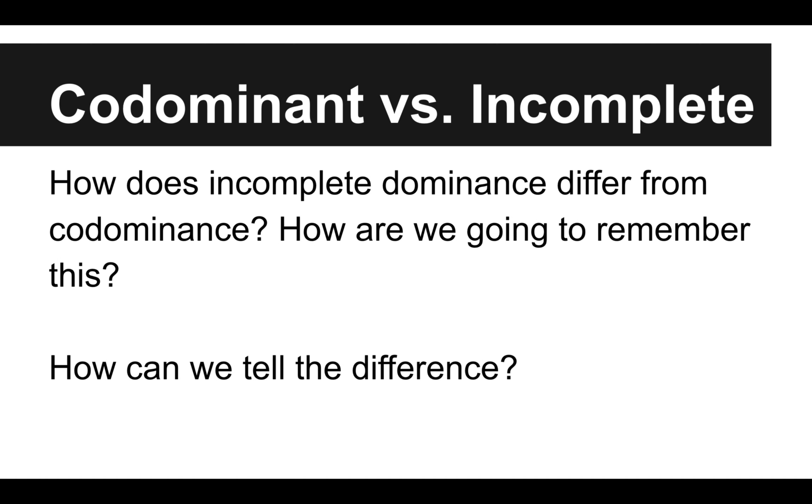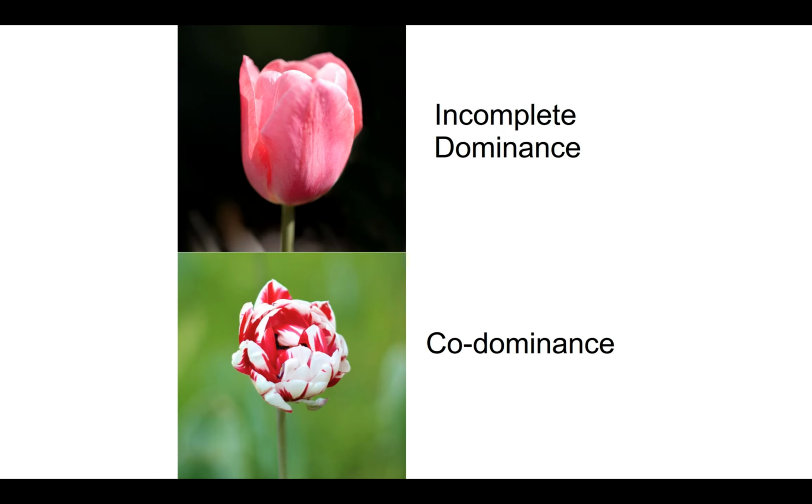Okay, so how does incomplete dominance differ from codominance? How are we going to remember this? How can we tell the difference? Here's a picture showing you the difference. In incomplete dominance, we have a mixing of colors. In codominance, we see both colors expressed. Both of these are going to have the same genotype. This is RW, RW.